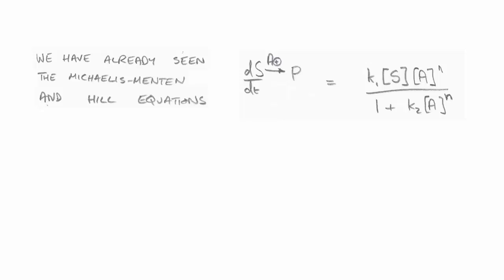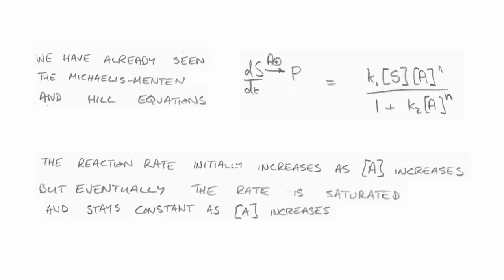So once you've added a certain amount of enzyme, the reaction rate saturates. Initially, as you increase the amount of activator, the reaction rate increases, but eventually it reaches a maximum and stays constant as you increase the amount of A even further.